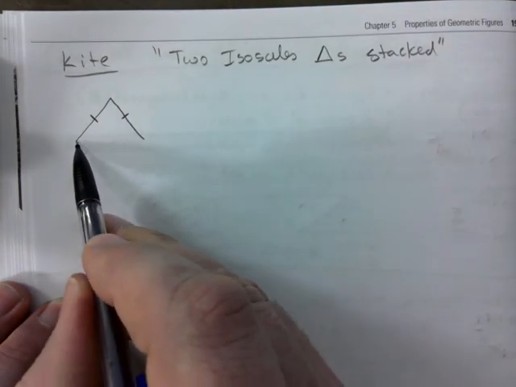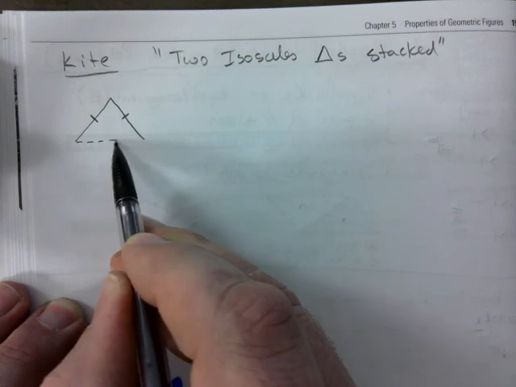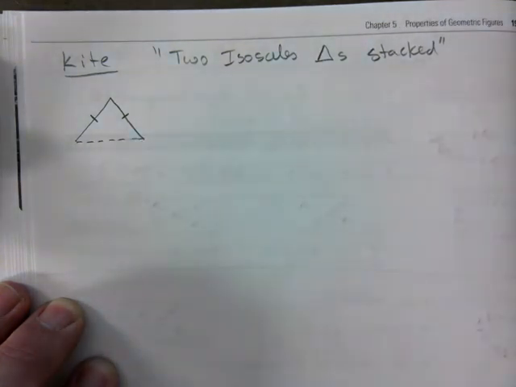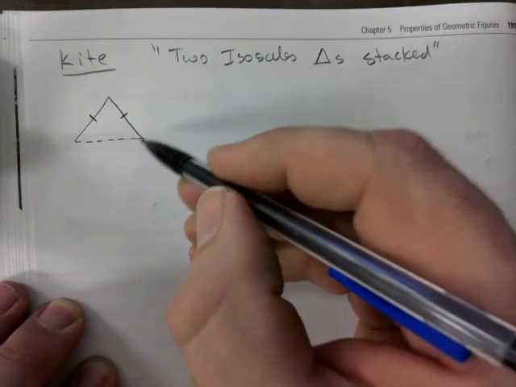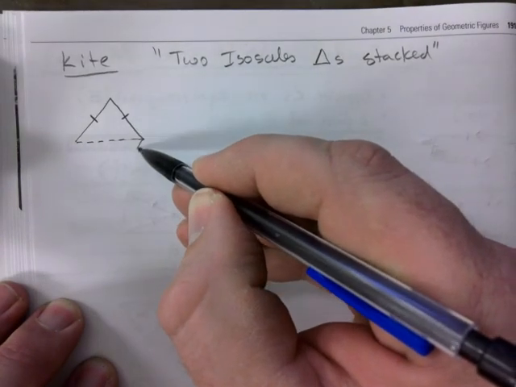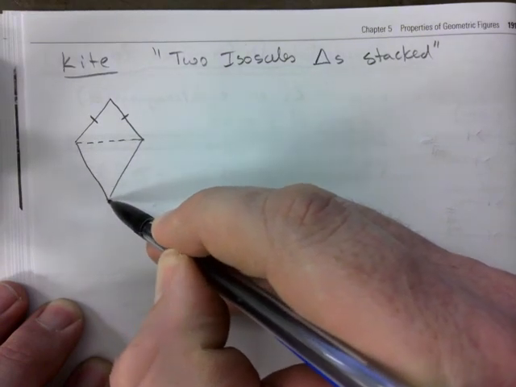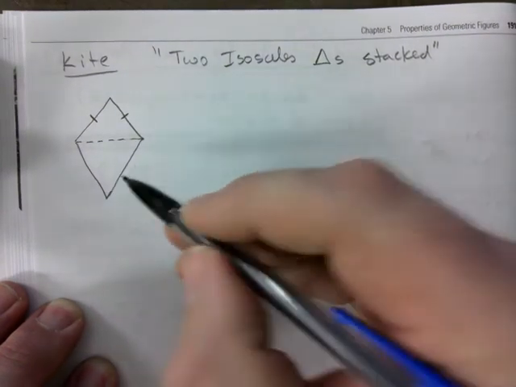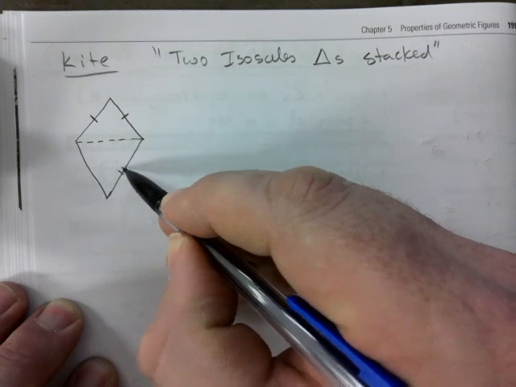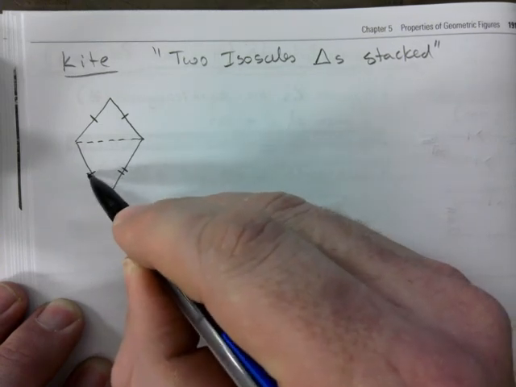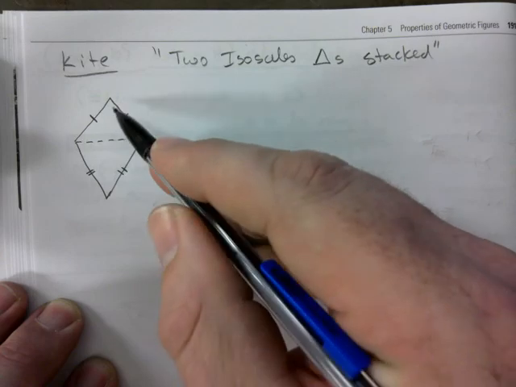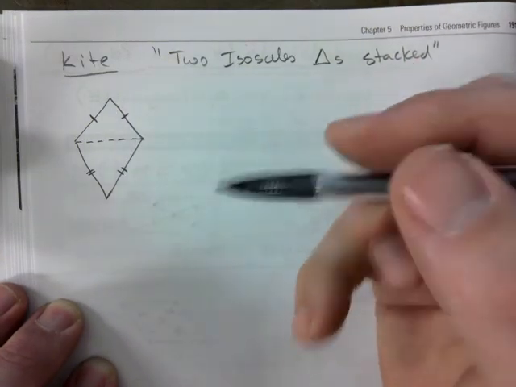And the bottom, you just use a dashed line to connect. Make one of those. Got it? The bottom will be longer. So we're going to make an isosceles triangle where we tell you that this side is the same as that one. So this is an isosceles, and the top is an isosceles.